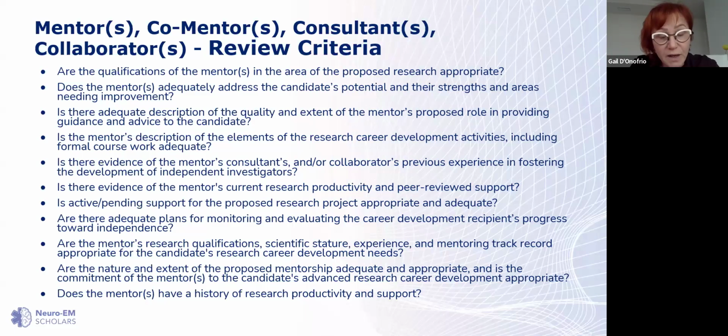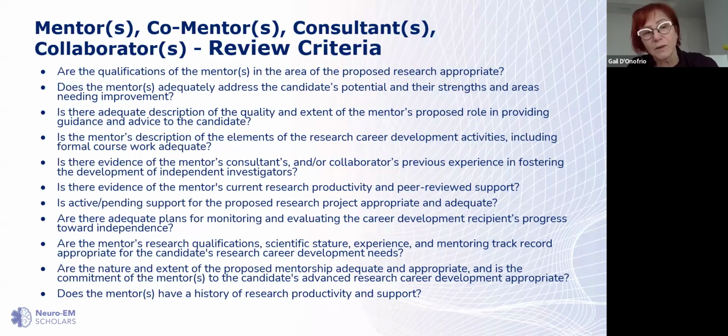So when you pick them, you want to pick really wisely. I'm sure there are exceptions to all this. If we find somebody at a site that doesn't have exactly what you need, it's possible to have mentors from other areas. We just have to be really careful in how we do it.